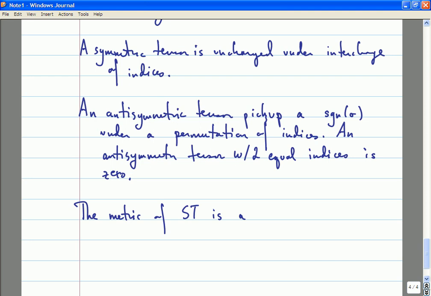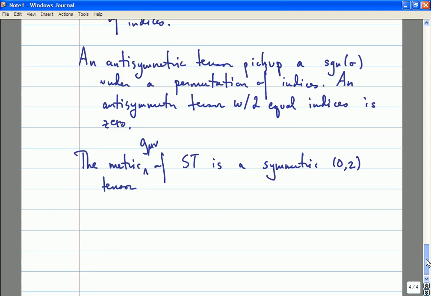So it is a symmetric (0,2) tensor. Why is it symmetric? Remember the metric is defined in terms of the line element, dx mu dx nu. And this expression for the line element is symmetric when we interchange dx mu and dx nu.